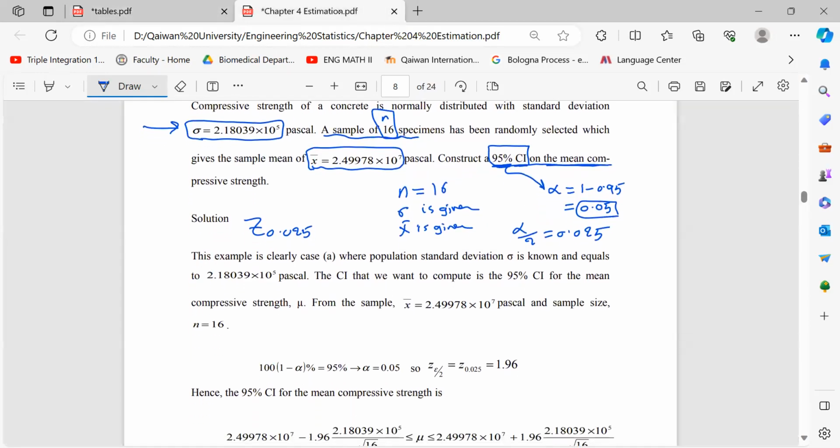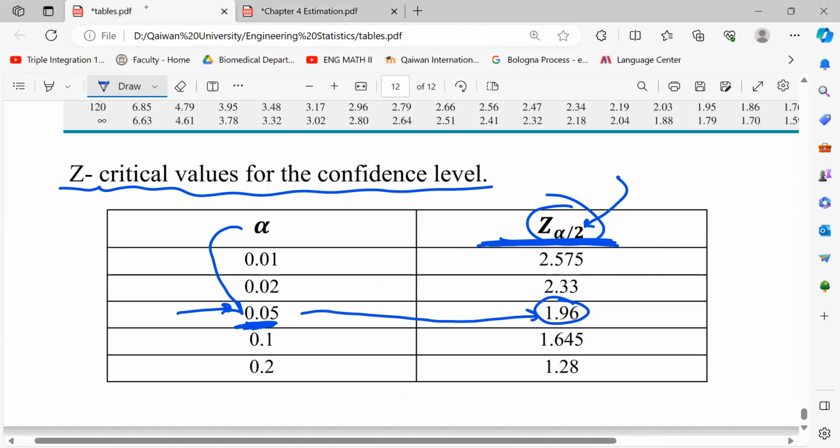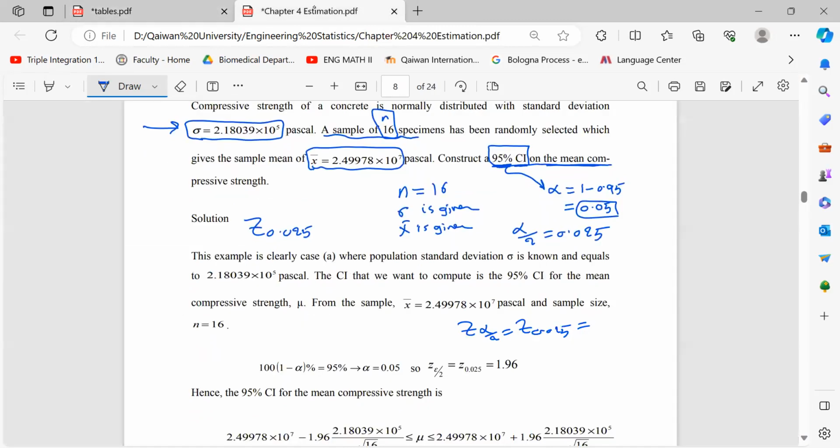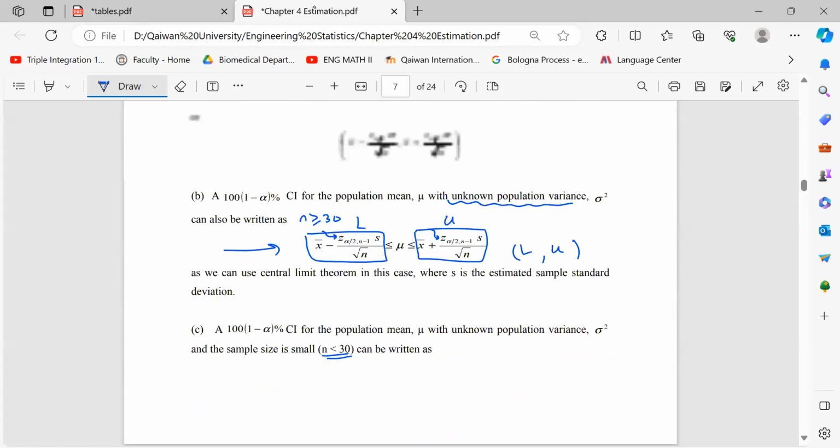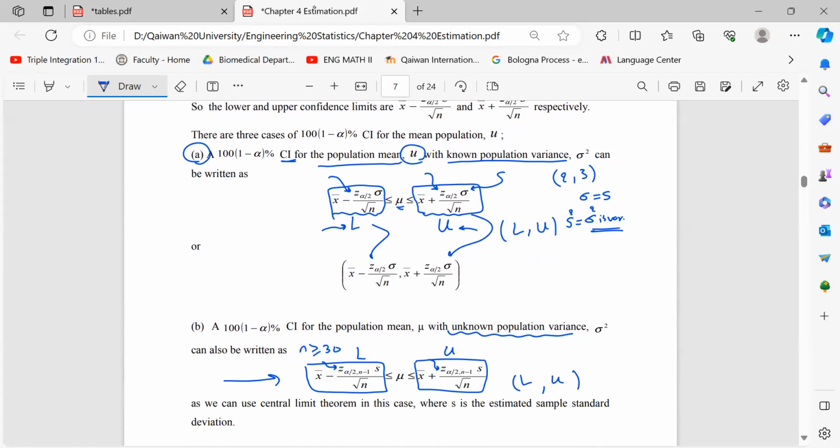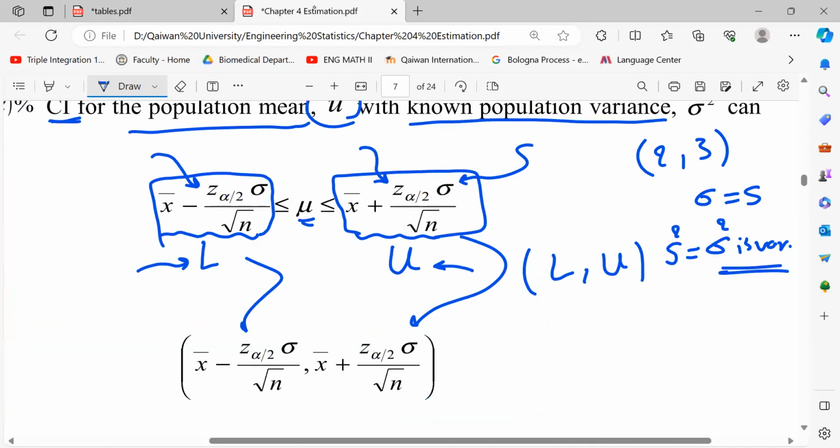It means Z of alpha over 2, which is Z of 0.025, is 1.96. That's it. You now have Z, X bar, N, and sigma. Let's return to the rule. If you can get everything, we just calculate.